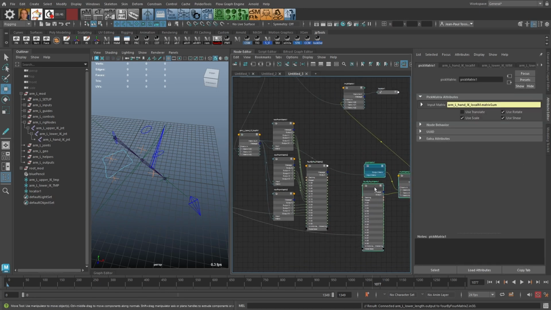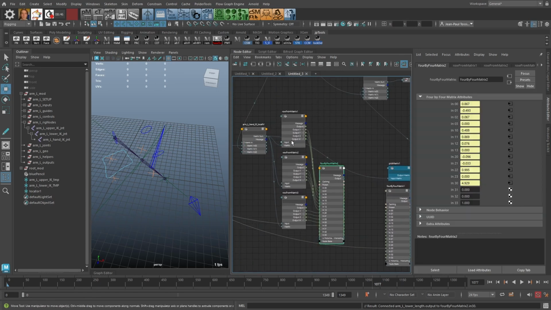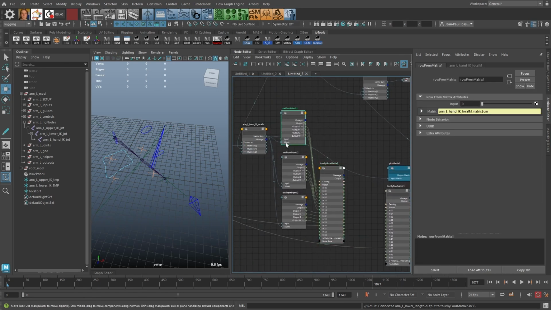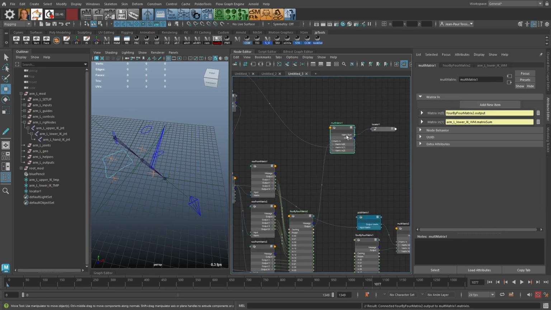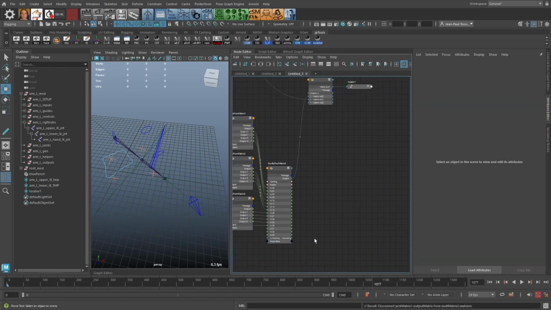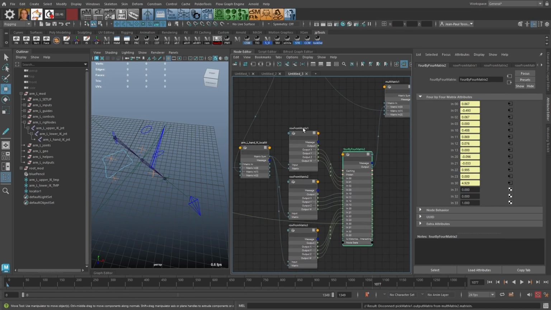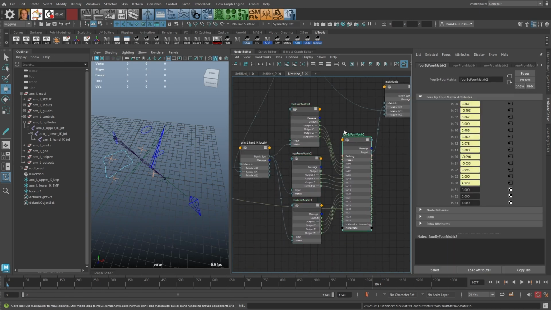So it takes one node more, but it is less calculation, because this node is internally just setting the values from the matrix, so it does not do any math at all. And we can now take this output and plug it into the first plug, and we have the same output. So I prefer this option, but it's a preference because it's slightly quicker.